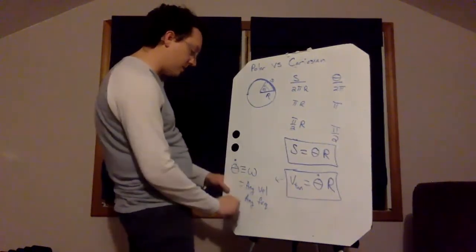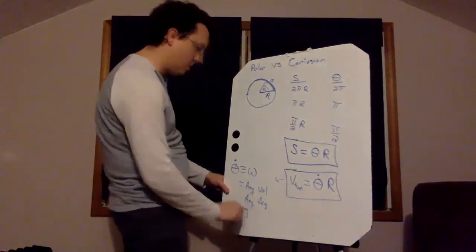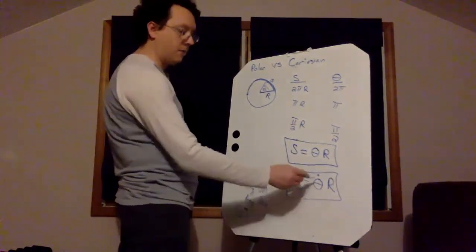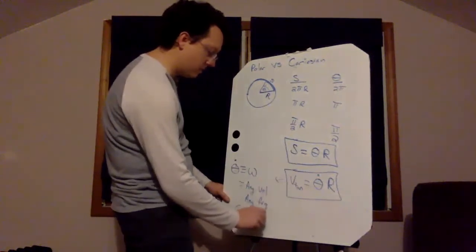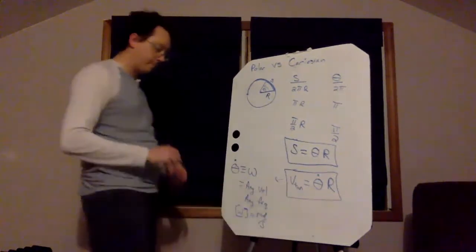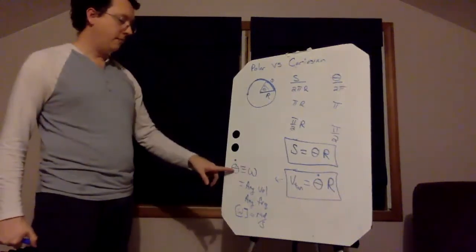The units of this new quantity, well, it's an angle over time. That's going to be radians per second. Okay, so omega is the time derivative of theta.